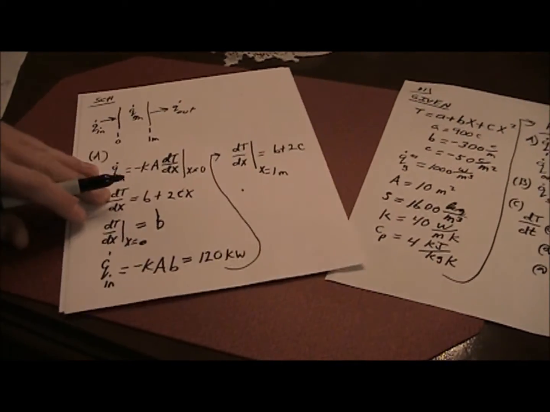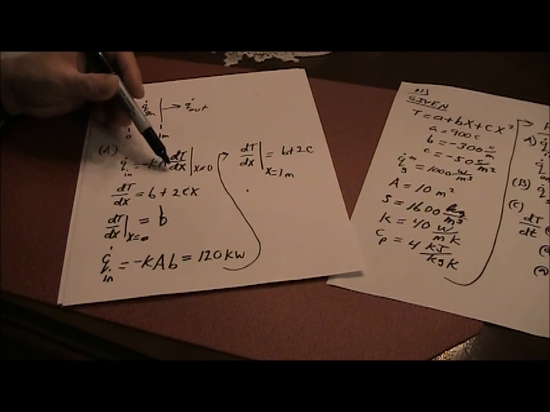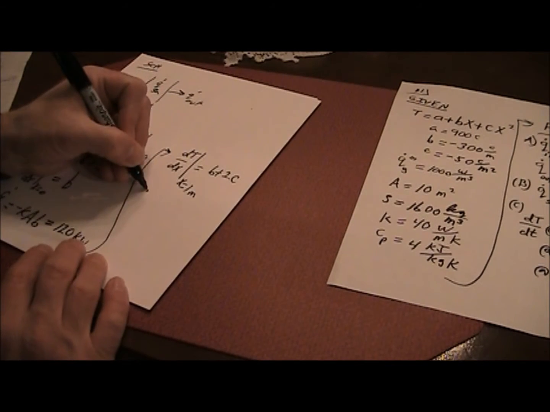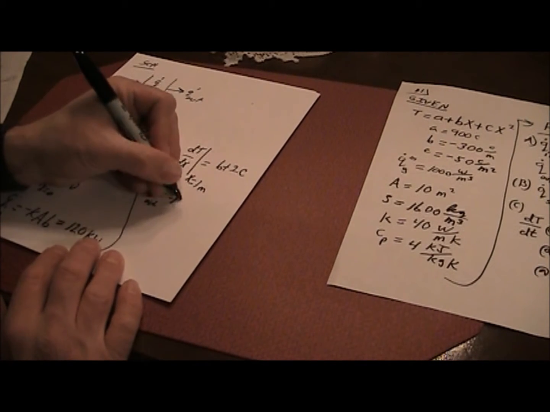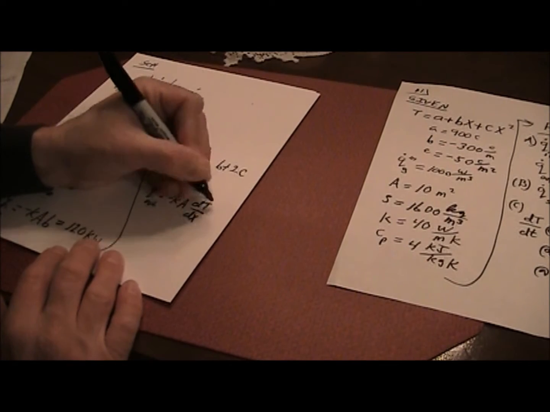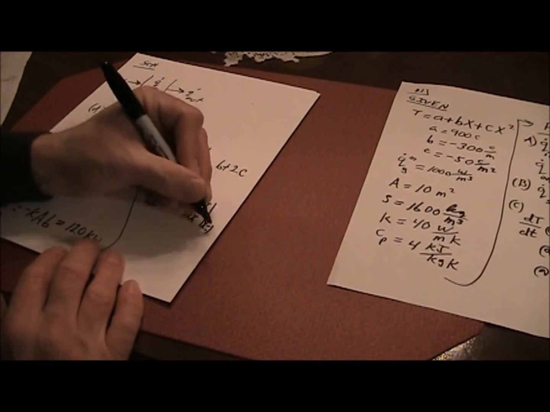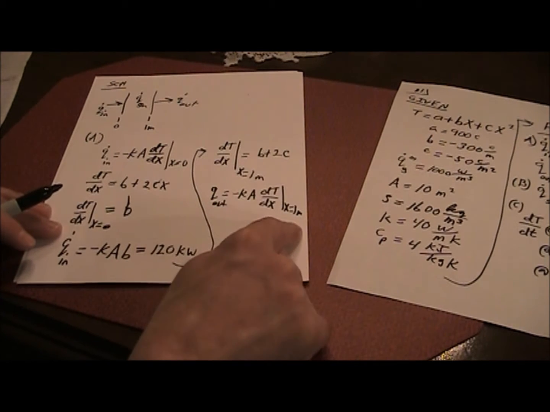So here again, using Fourier's law, Q dot out is going to be minus K times the area times dT/dx at 1 meter.